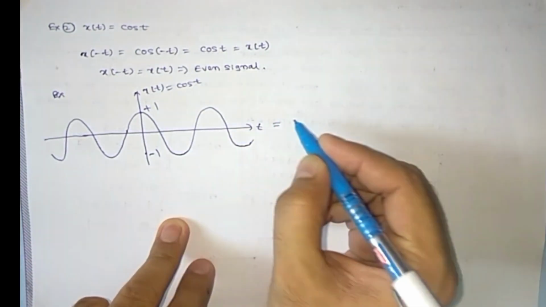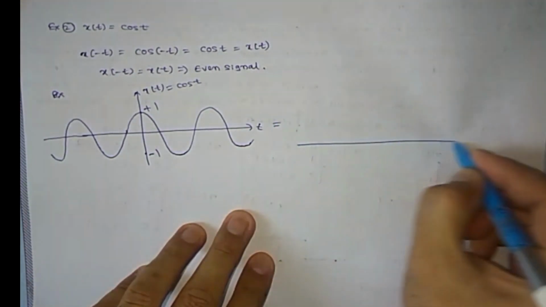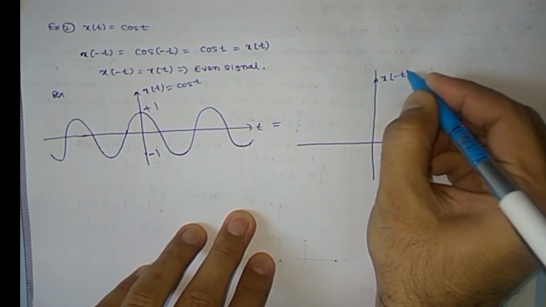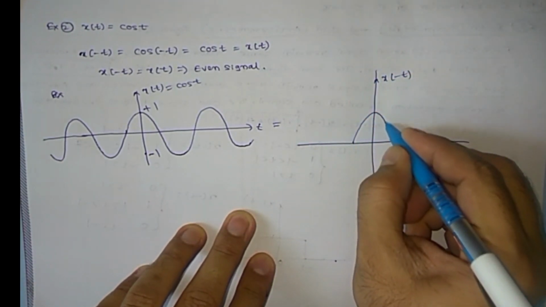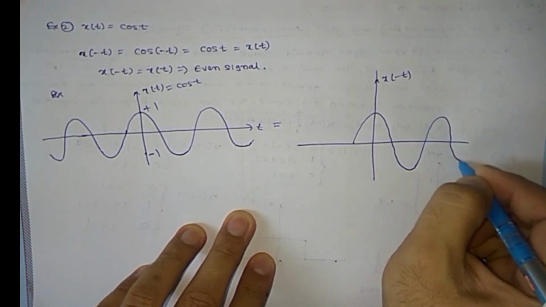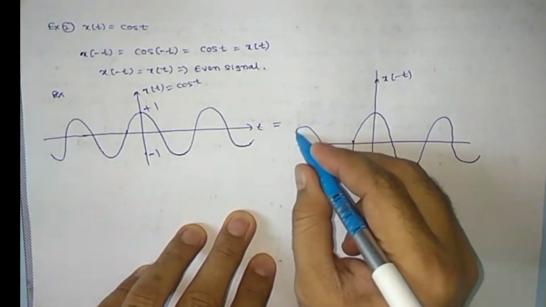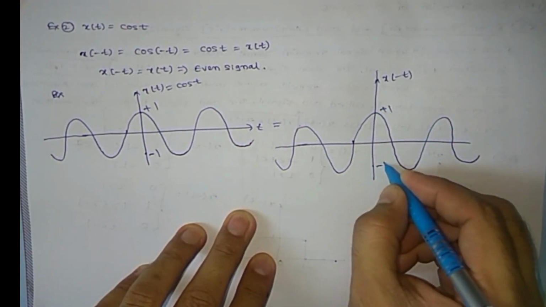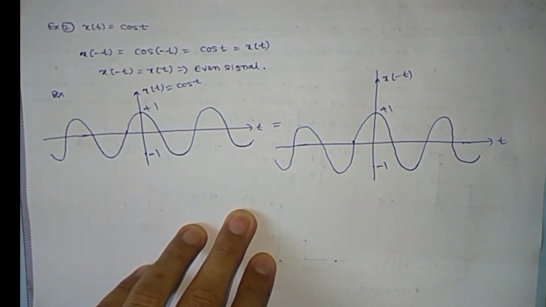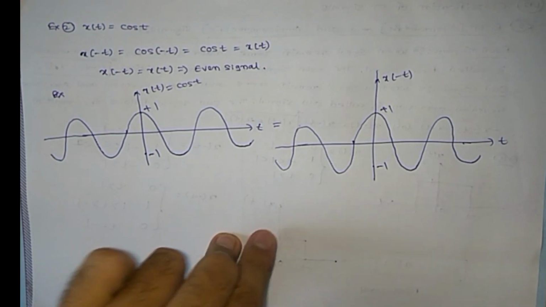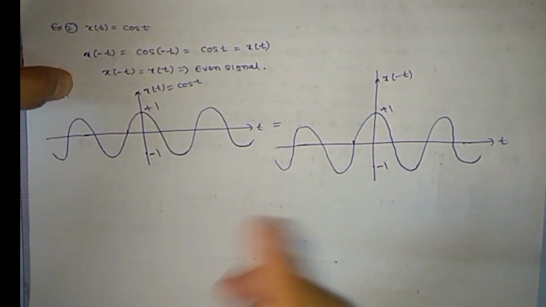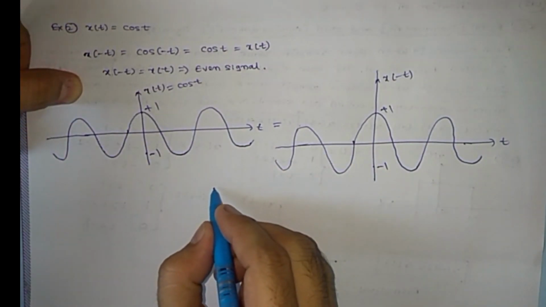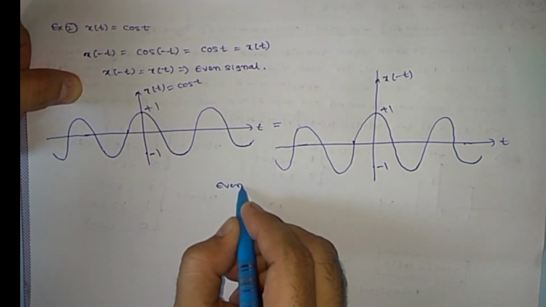Then what will you get? Still you will get the same signal, right? Both are the same signal. So graphically also we verified the cos t signal is an even signal.